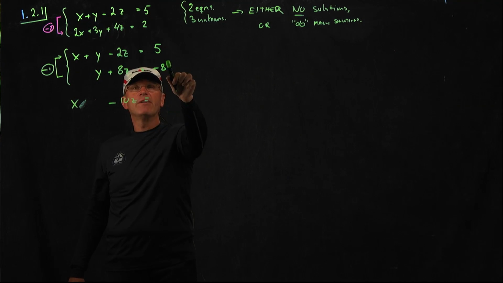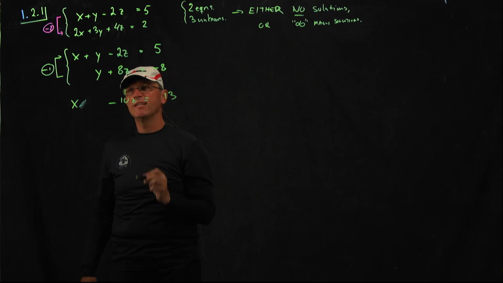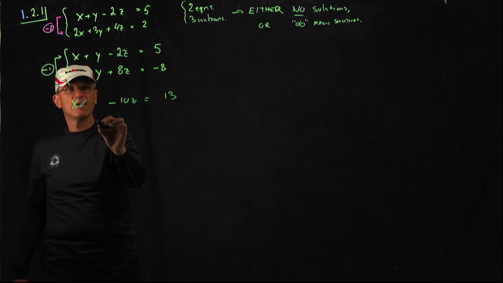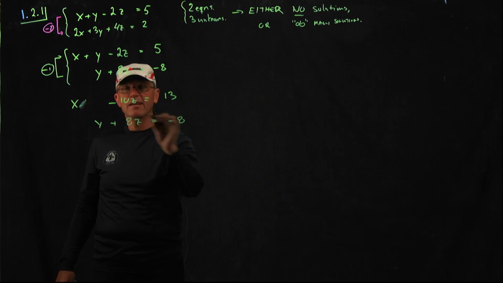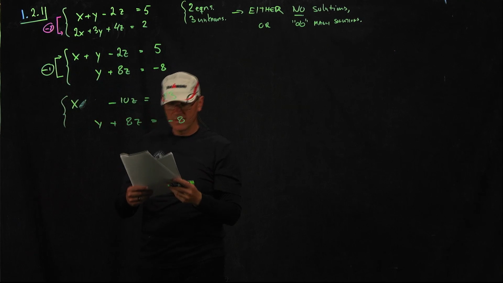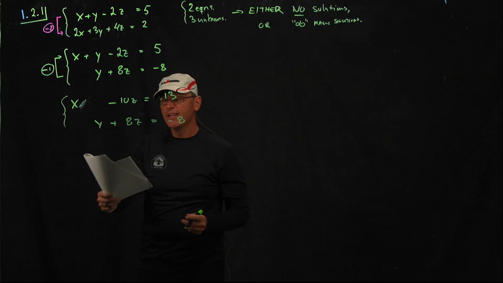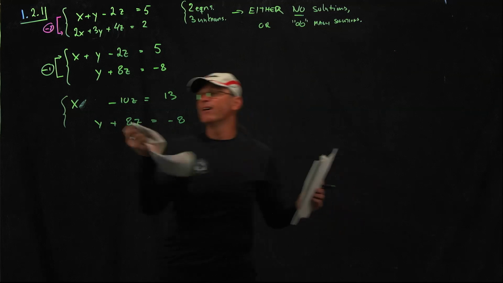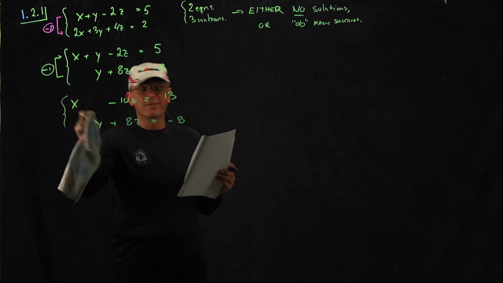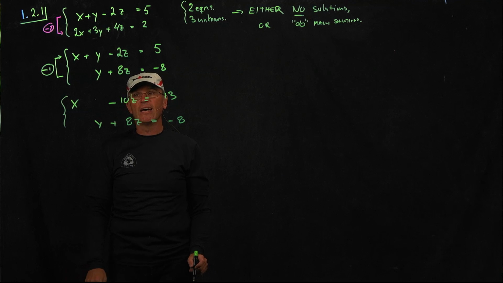We have 5, we're subtracting negative 8, so we're adding 8, so we get 13. And here we have y plus 8z is negative 8. Okay. Either my notes and this is right, or they're both wrong in the same way. I think I got my minus signs right. So that's as far as we can get.